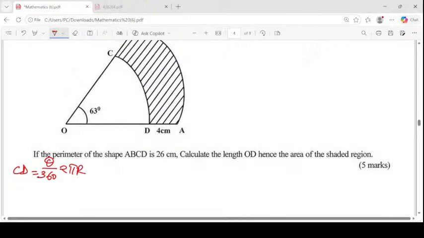So I can say let the length OD be K. This measurement here is K. So the length CD will be given by theta, which is 63 in this case, all over 360 multiplied by 2 by pi, which is 22 over 7, by the radius, which is K.